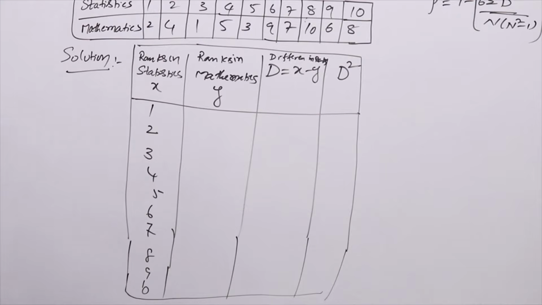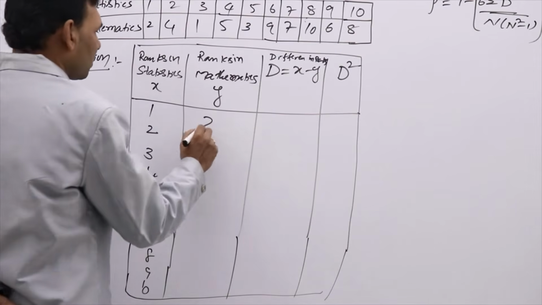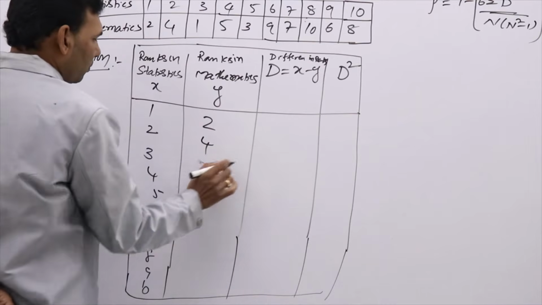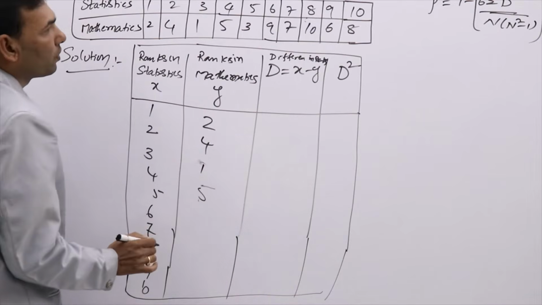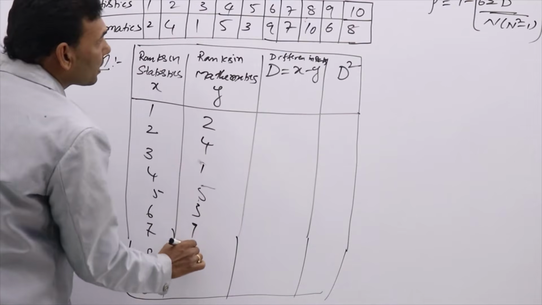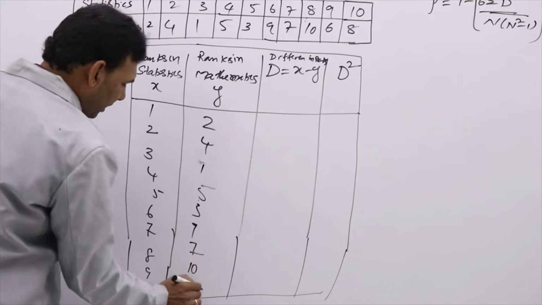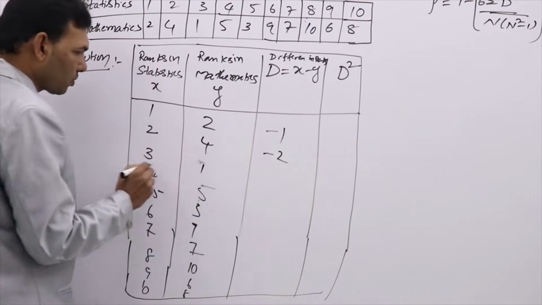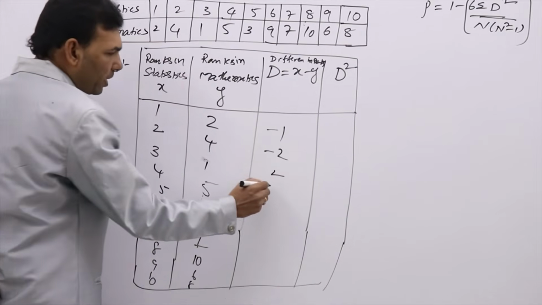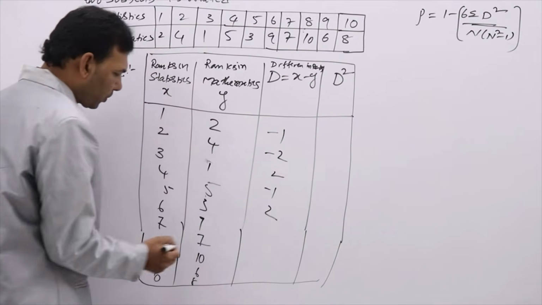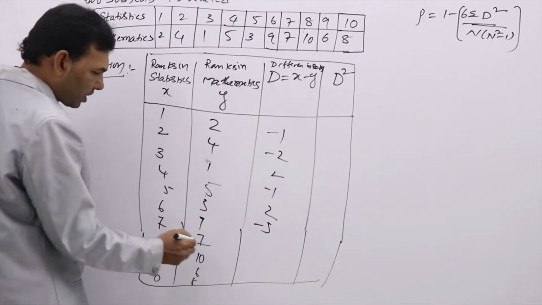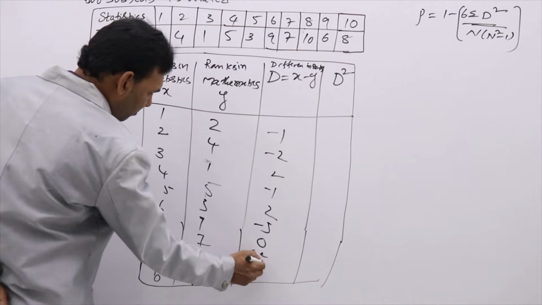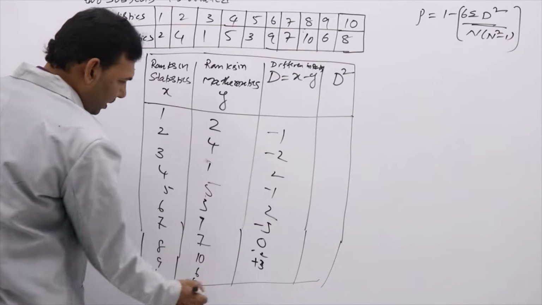Coming to mathematics ranks: 2, 4, 5, 1, 3, 9, 7, 10, 6, 8. Now the differences: 1 minus 2, minus 1; 2 minus 4, minus 2; 3 minus 5, minus 2... 4 minus 1, 3; 5 minus 3, 2; 6 minus 9, minus 3; 7 minus 7, 0; 8 minus 10, minus 2; 9 minus 6, plus 3; 10 minus 8, 2.